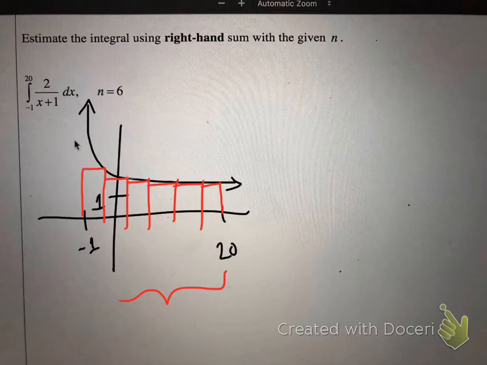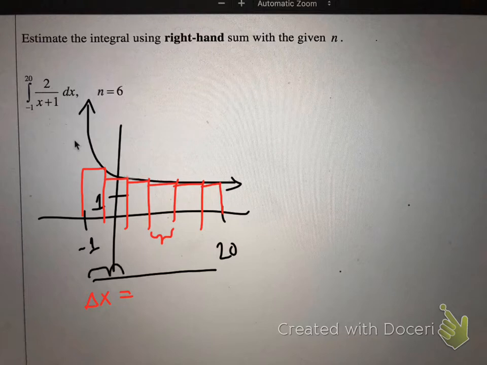Okay, so now the question is, what is my delta x? Delta x is the width of each rectangle. We said that we're going to divide it into 6 even pieces. So keep in mind that the length from here to here is 21 numbers, right?